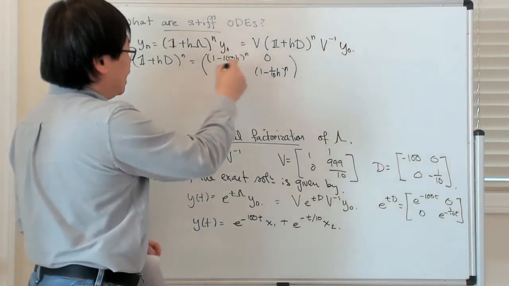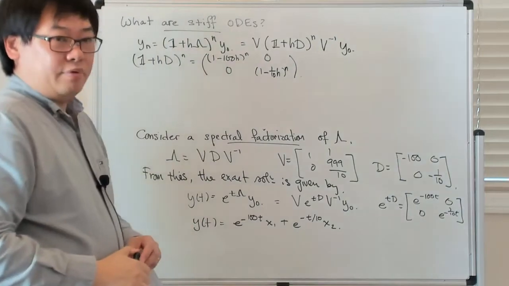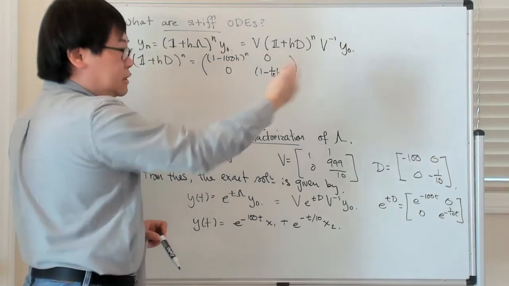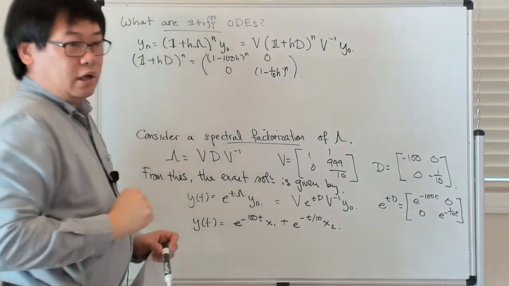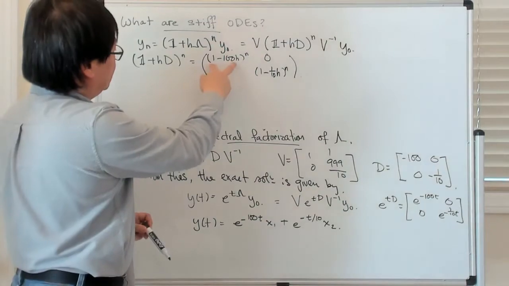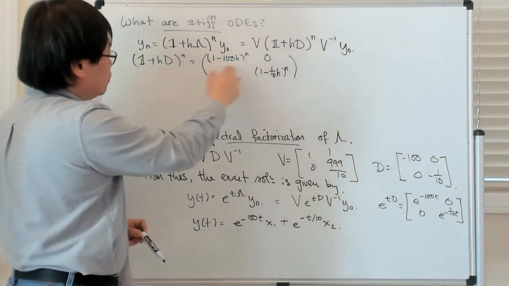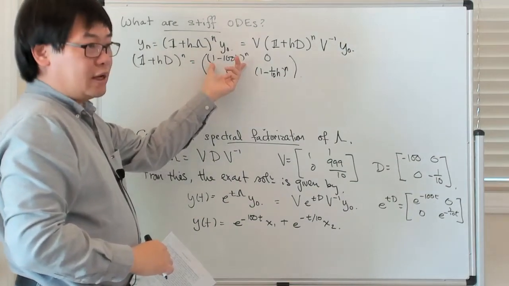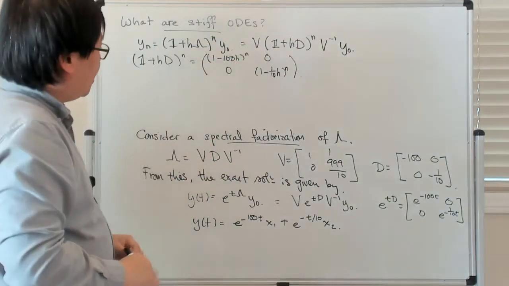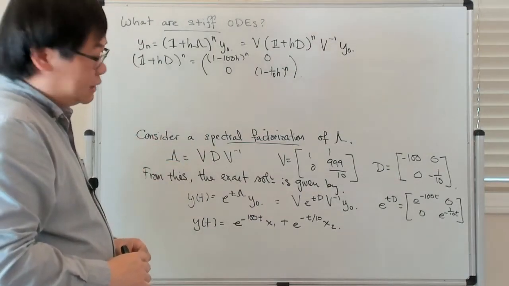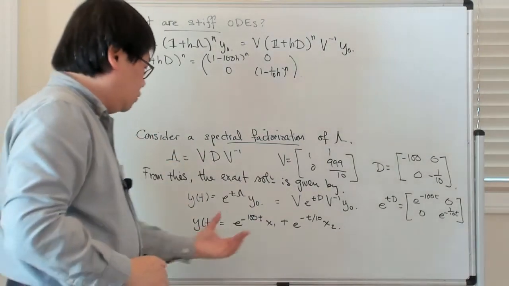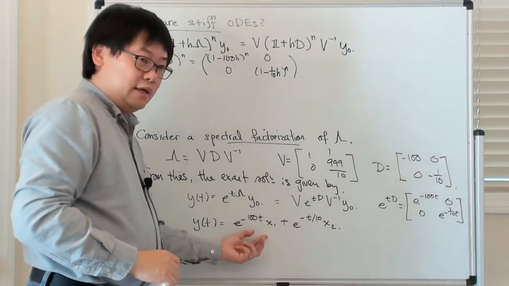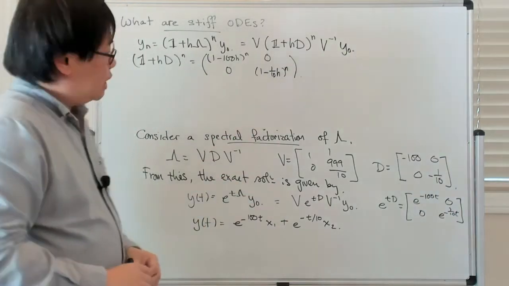So what could happen is that if the thing inside the parentheses has magnitude bigger than 1, then when you raise it to the nth power, it's going to grow exponentially fast. And so one has to make sure this 1 minus 100h term has an absolute value strictly less than 1, which would then be compatible with the exact solution, where this part is decaying very rapidly.